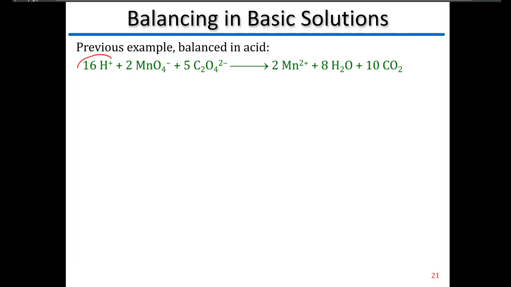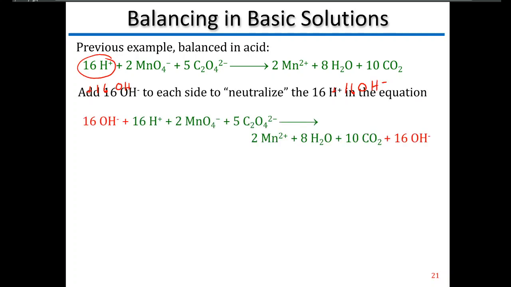So here we have 16 H plus, so we need to add 16 OH minus. And whatever we do to one side, we have to add to both sides. So we add 16 OH minus to both sides, and that gives us this.